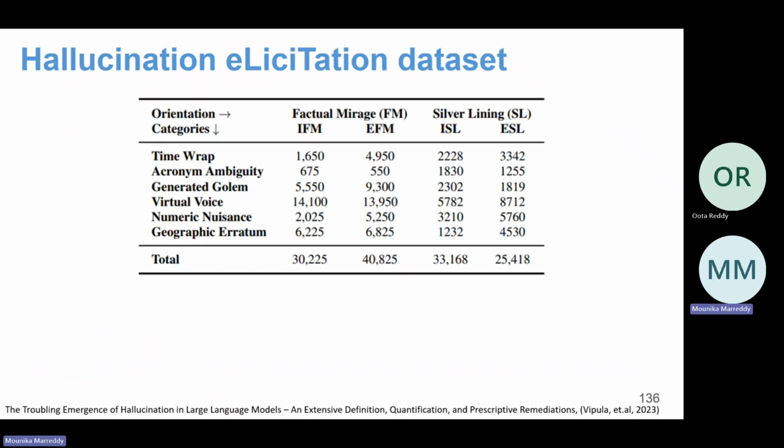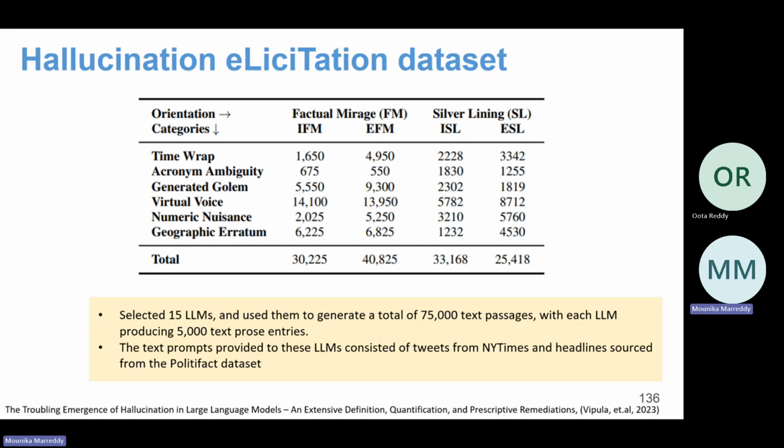Then comes the hallucination elicitation dataset. To evaluate hallucination, we need benchmark datasets, similar to how LLMs have them. To construct this dataset, we utilized two primary sources of data: New York Times tweets, which are factually incorrect, and a political dataset, where we have factually incorrect statements. 15 LLMs were selected and used to generate a total of 75,000 text passages, with each LLM producing 5,000 text entries.